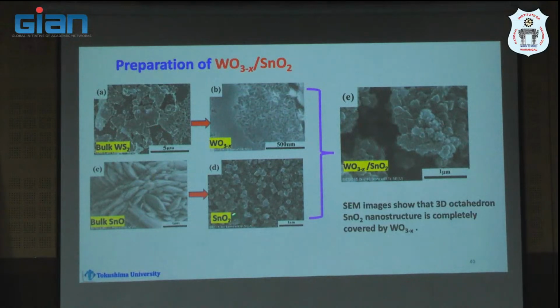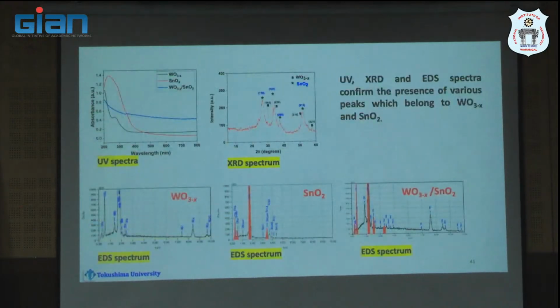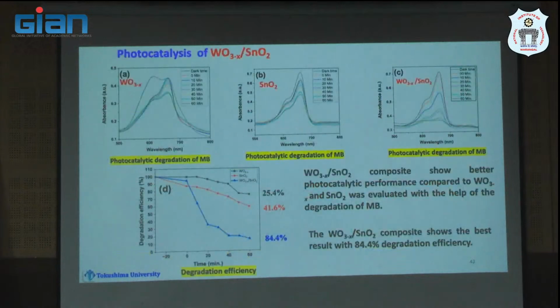These are the results. Initially, you can see petal-like morphology, and these are octahedron SnO2, and on the octahedron SnO2, WO3 can be seen. This is the characterization. I will not go into the detail because of time, but it confirms the formation of these binary structures.